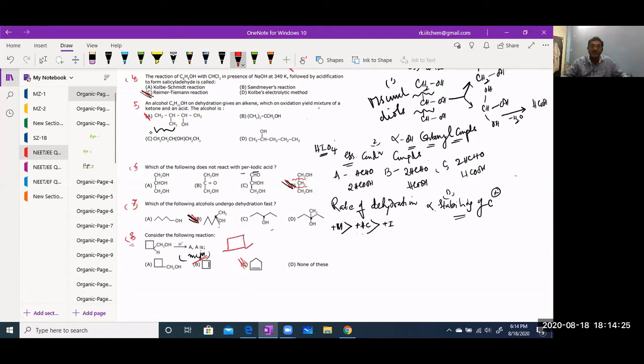CH2OH forms a carbocation, and water is eliminated as OH and H plus. That's going to be CH plus, which gives rise to this compound. And this is the plus. Whereas this one is going to be shifted here, and minus H plus gives rise to the compound.